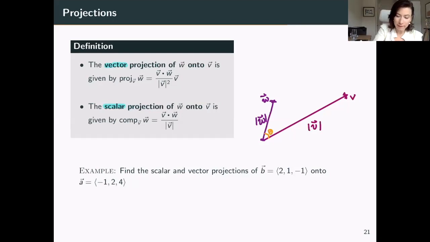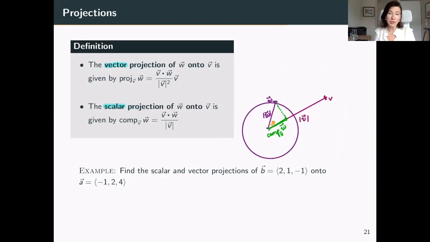In this case, if I look at the shadow that is created when I project this length W onto the length V, I end up with what we call the component of the vector W onto the vector V. This length on V is what we refer to as the component scalar projection of W onto V. We can use a little bit of trigonometry to give a little bit more context in terms of what this distance is and how to compute it.